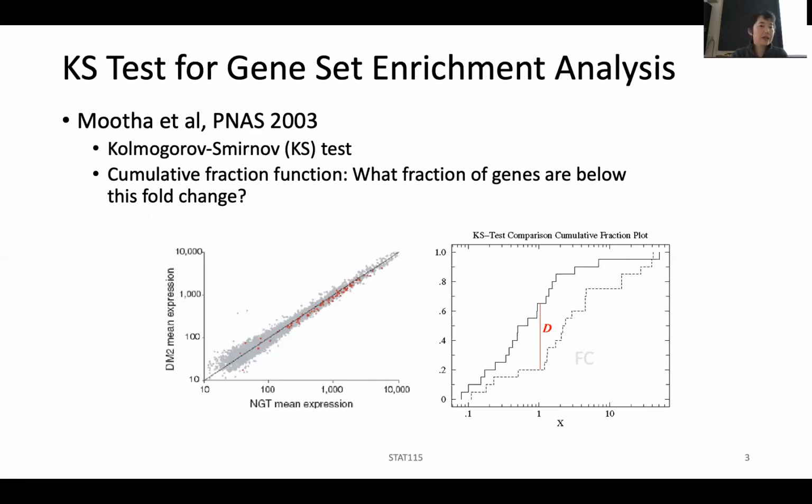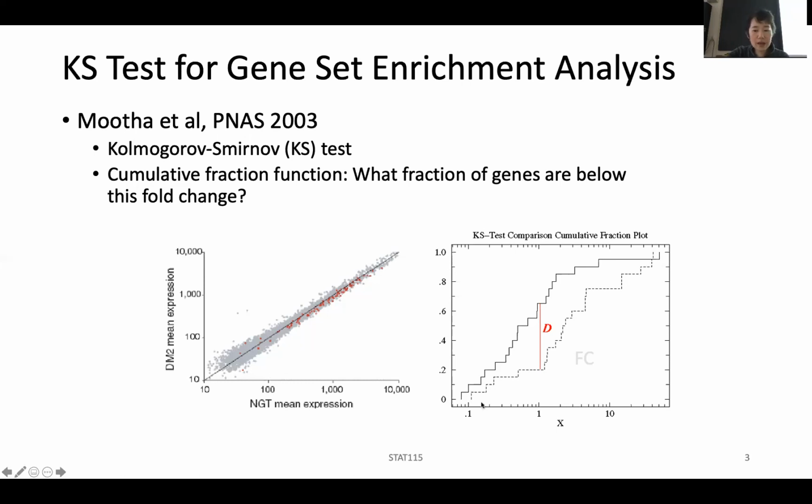After differential expression analysis, instead of selecting a particular cutoff to say I want only X number of genes differentially expressed at a certain fold change cutoff or a certain FDR cutoff, you can rank all 20,000 genes from the beginning to the end based on their level of fold change.